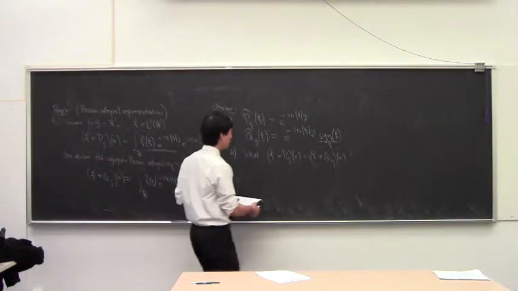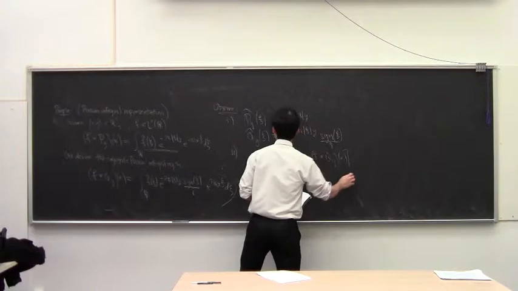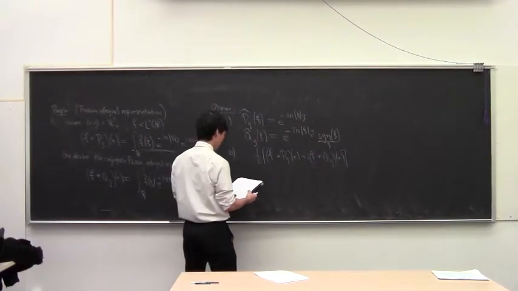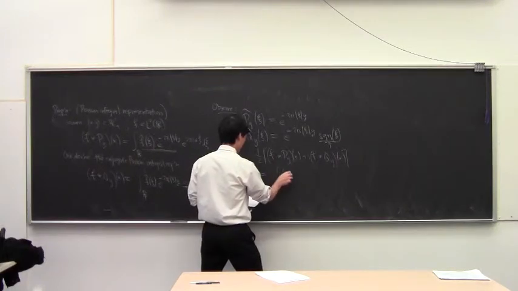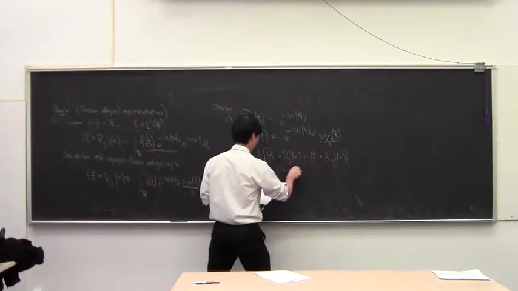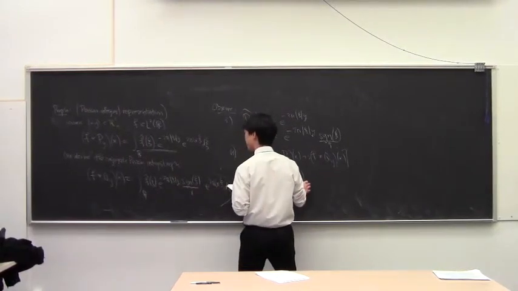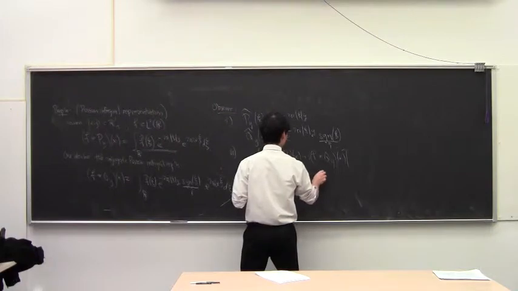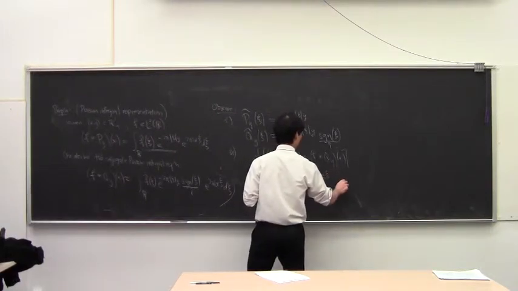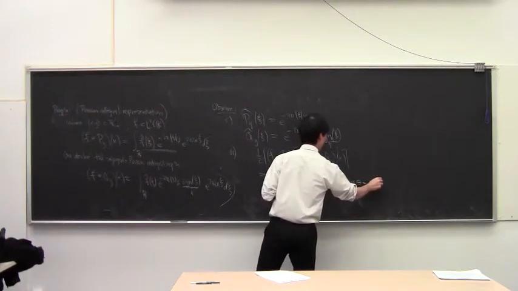Okay. So if we divide this thing by 2, we see that this is equal to the integral from 0 to infinity of f hat of ξ e to the 2 pi i z ξ, where z is x plus yi.